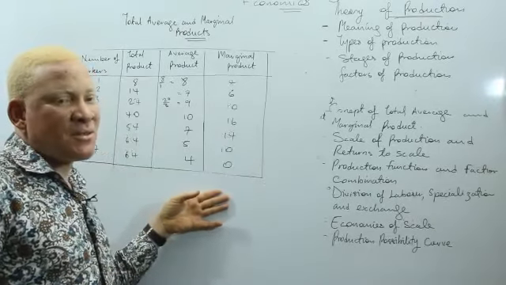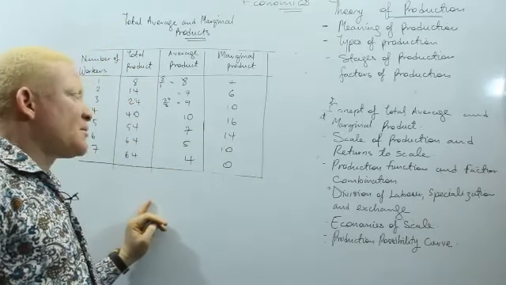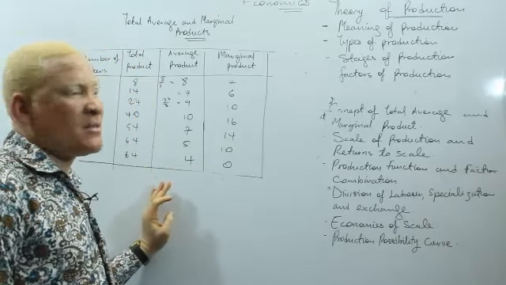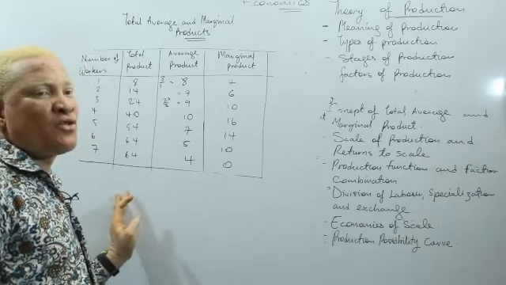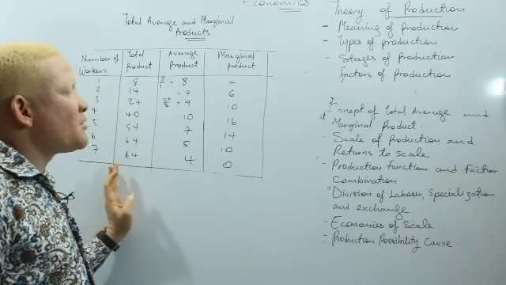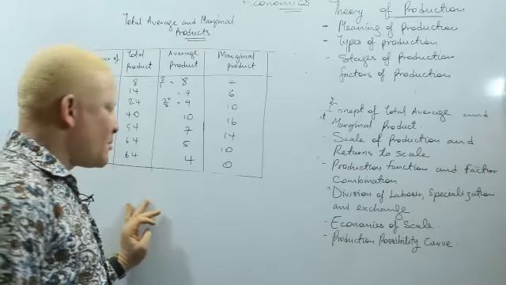From the calculations, we have a table of this sort, which we could convert and draw on the same axis to represent the relationship between average product, marginal product, and total product.